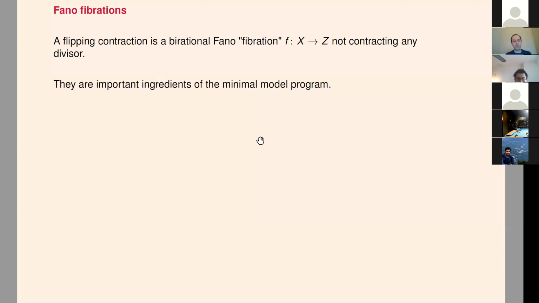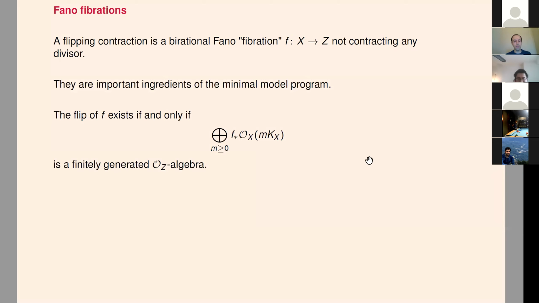Now, they are important because they are needed for running the minimal model program. And I mentioned in the previous lecture whether flips exist or not. So you have a flipping contraction, and the existence of the flip is equivalent to this algebraic statement: if you look at all the sheaves O_X(mK_X), where m is a non-negative integer, push them down onto Z and take their direct sum, you get a graded algebra of sheaves over O_Z.